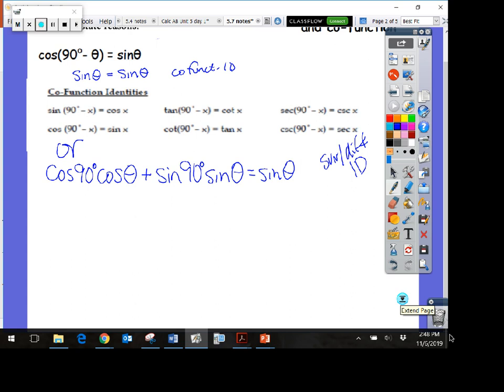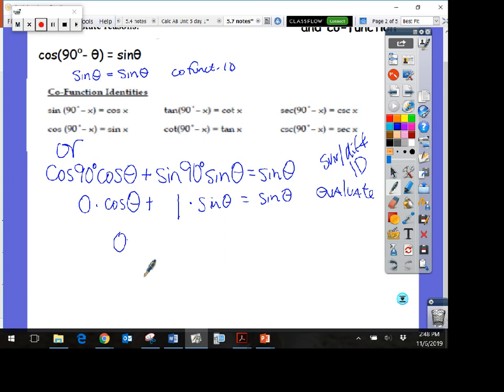Now, I know what the cosine of 90 is because of my unit circle: 0 times cosine of theta. I know what sine of 90 degrees is: 1 times sine theta equals sine theta. What did I do right there? I evaluated cosine of 90 and sine of 90.